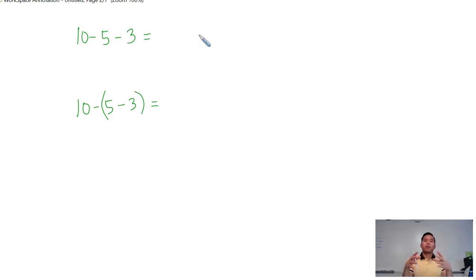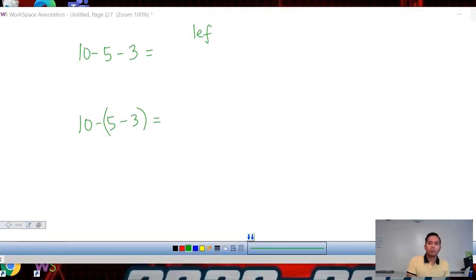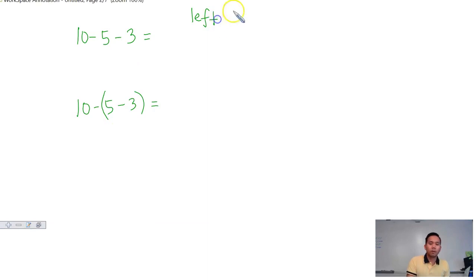Now, mathematics has established a convention on how we are going to answer this. The first one is if they have the same operations, you have to start from left to right as a general rule.